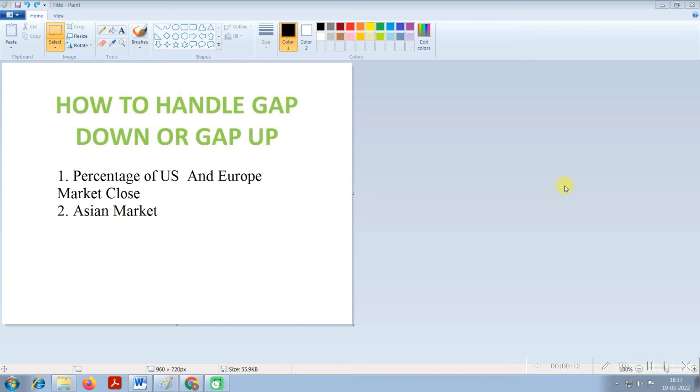If the US and Europe markets close 3% down, and our market opens with 3% down, then the entire effect of the US and Europe markets is already factored in, so no more potential to move further. So the market can reverse at any time. We need to be cautious.